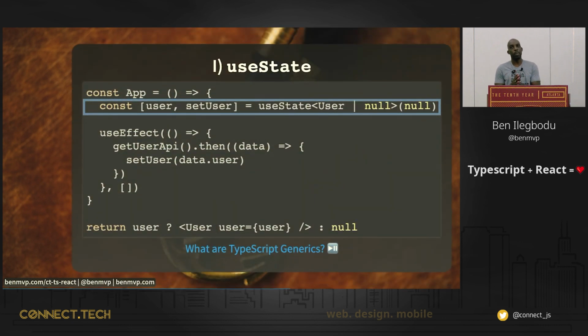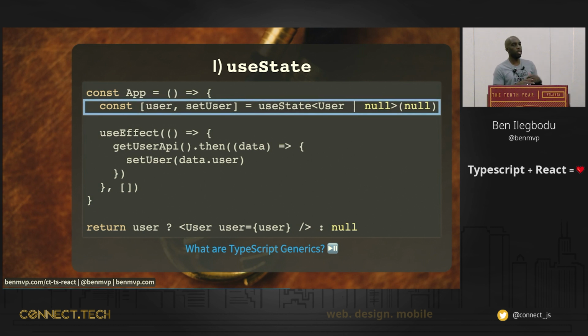However, if your initial value is null, then TypeScript will think that user can only be null. So it will infer incorrectly, and we have to tell it different allowable types for it. So here I am saying that the state variable user can either be a user object or null.